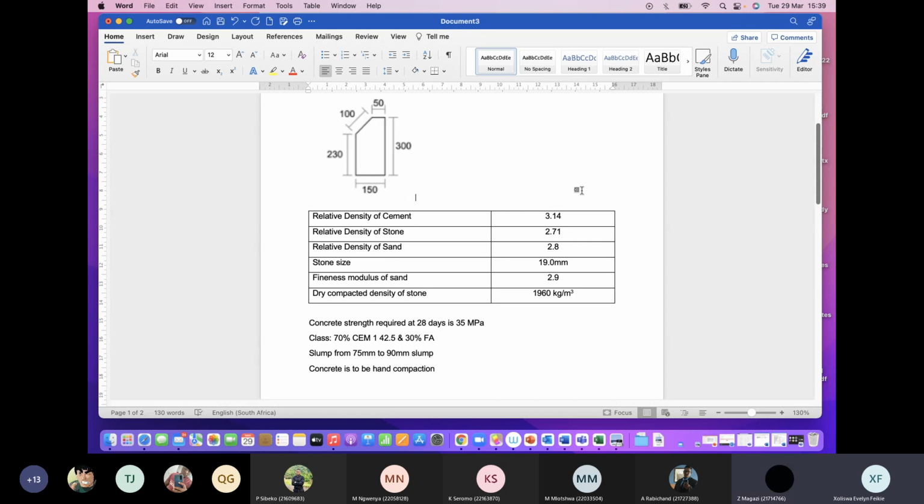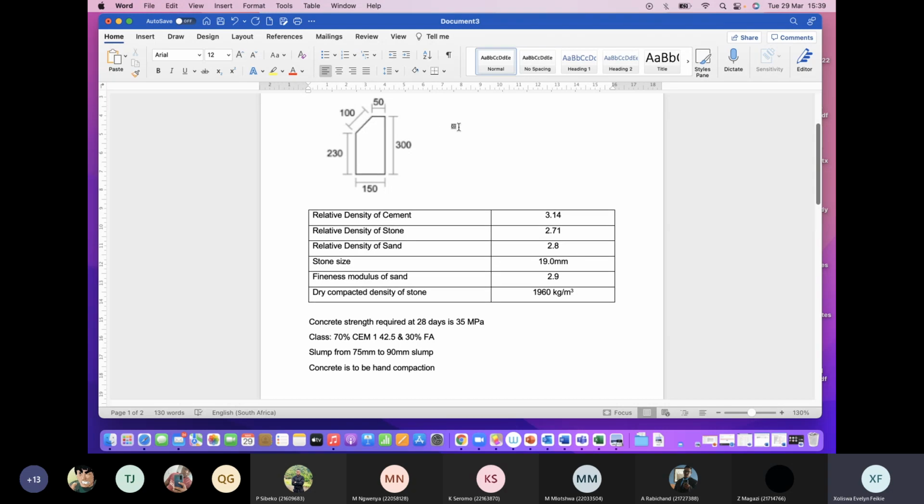We need to find the exact values for cement, stone, sand, and water first. And then we can move to the part where you apply that information to the volume that you are determining right now. So right now, we are not even looking at the curb at all. Okay.